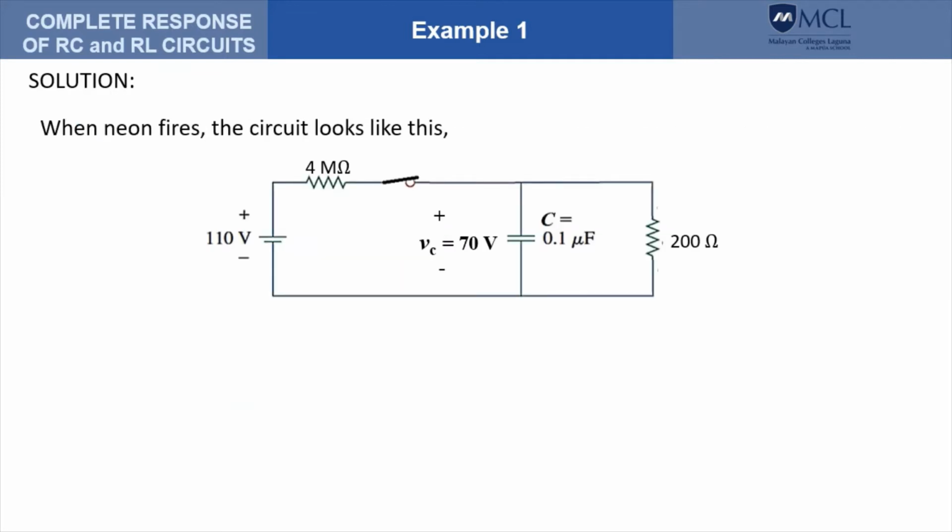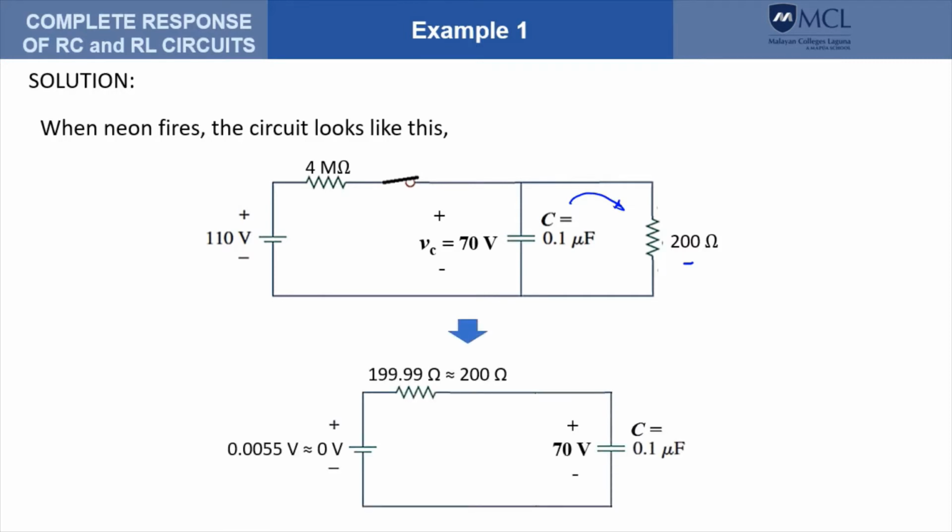When the neon fires, the circuit will now look like this. It becomes a low resistance element with a resistance equal to 200 ohms. At this point, the capacitor will discharge through that low resistance element. Now we can convert this circuit into a circuit that looks like this.